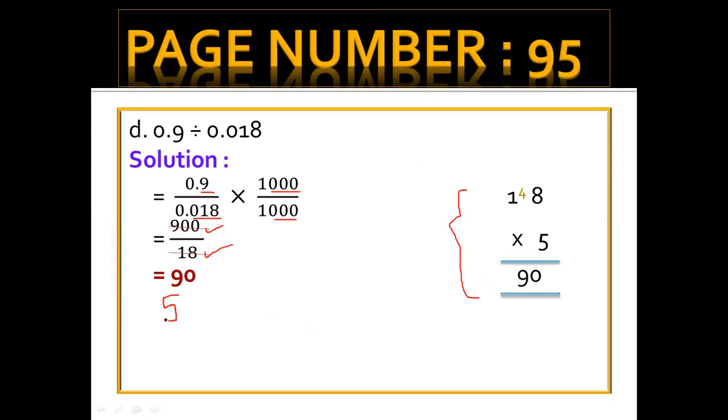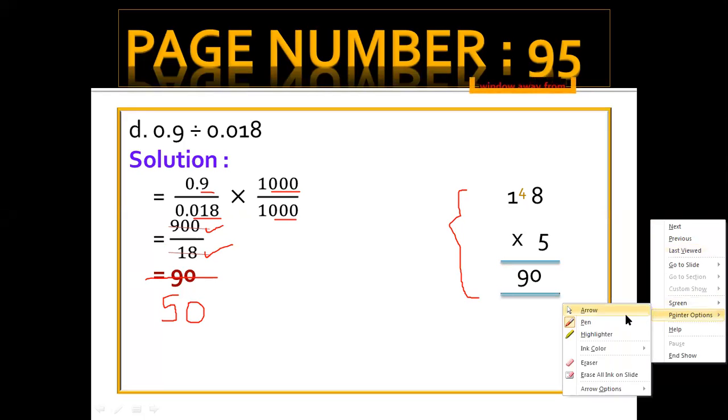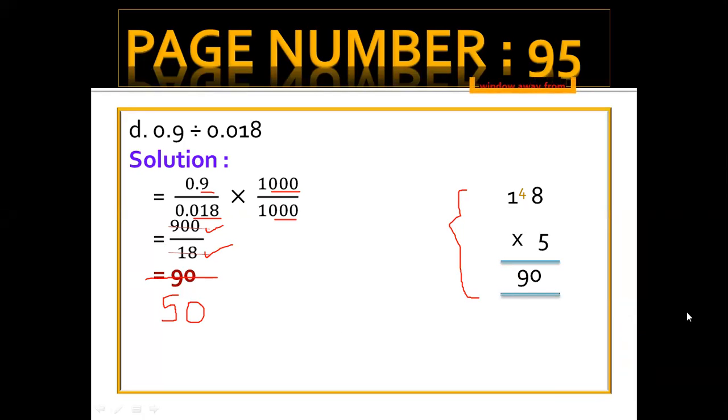Our answer is 50. 50 is our required answer. When we multiply 18 with 50, we got 900. Yes, students, here we finish our page 95.